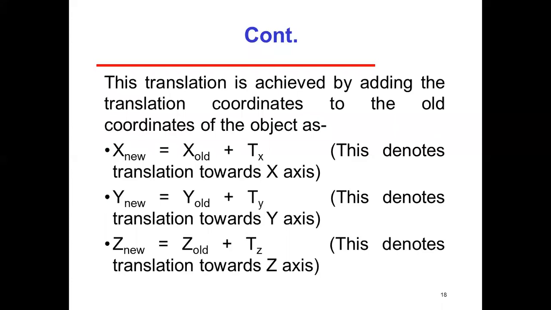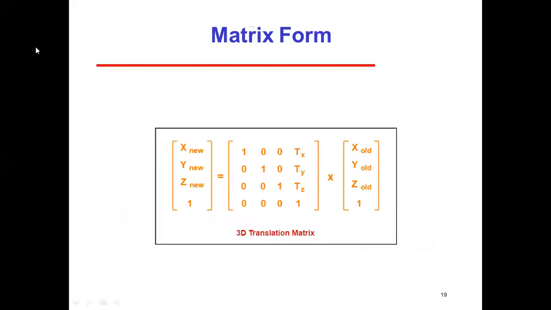So either you can write new or old or dash. If you are following this, then x new is equal to x old plus dx, y new is equal to y old plus dy, z new is equal to z old plus dz. In this fashion, you can calculate the new points for each vertex, in case of 3D also.